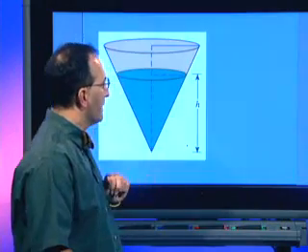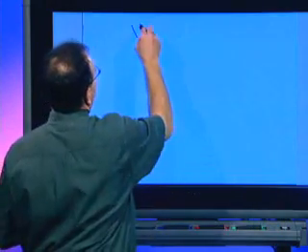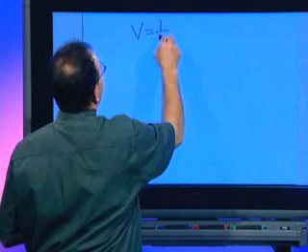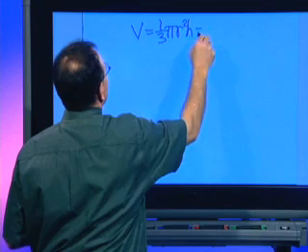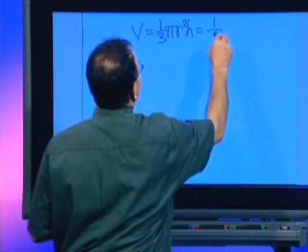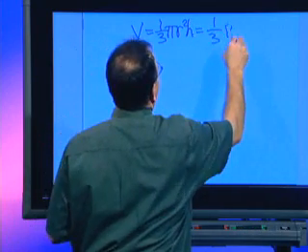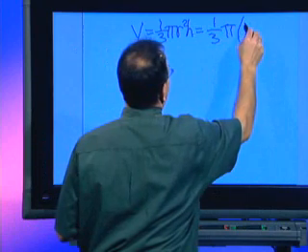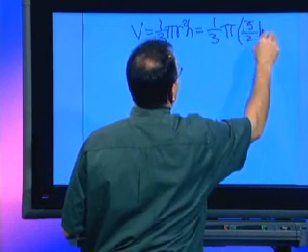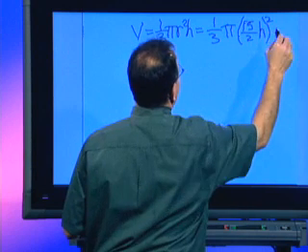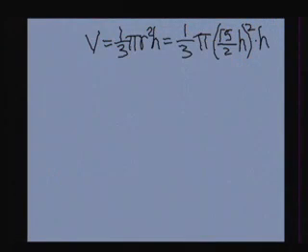All right. So we have volume, of course, was 1/3 pi R squared H, which is 1/3 pi times (15 over 2 H) squared times H.